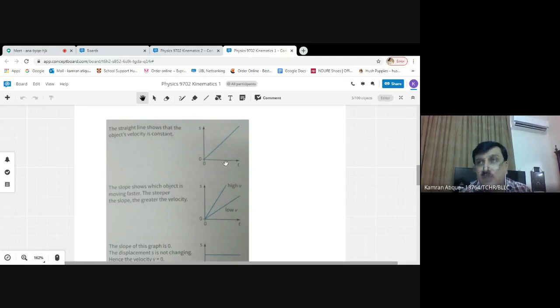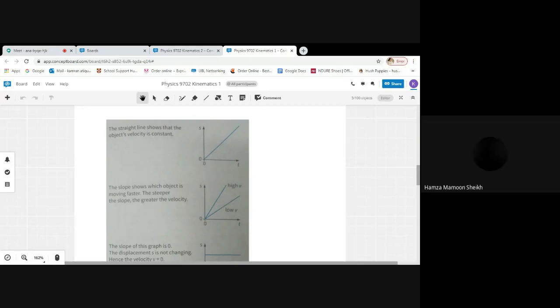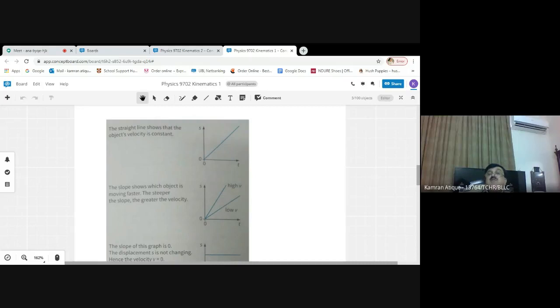Are you with me, Hamza? Yes, sir. The change in distance per unit time is actually regarded as speed, isn't it, Hamza? Yes, sir. So that's why the gradient of the distance time graph will be the speed of the moving object.